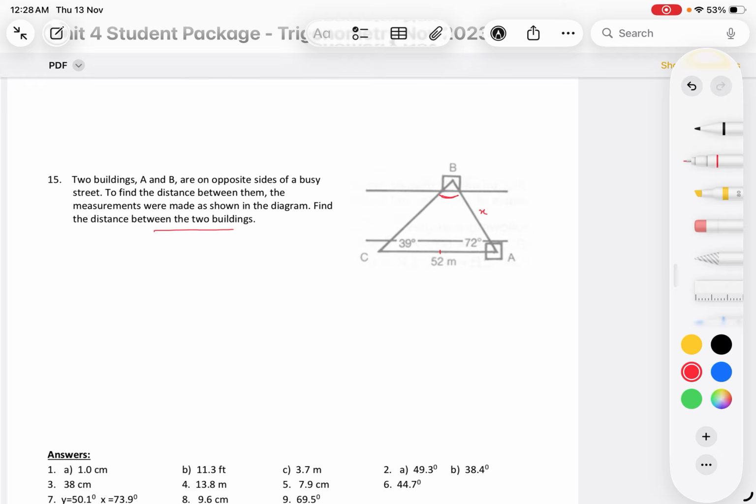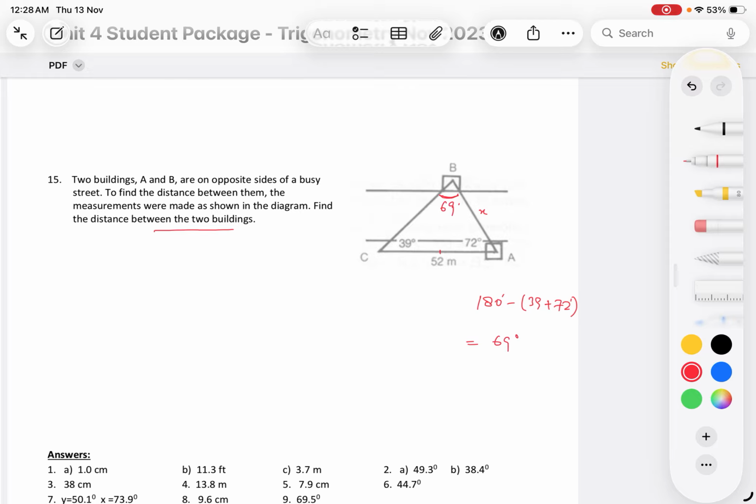So first of all, we can find this angle by using the angle sum property. The sum of the angles of any triangle is 180 degrees, right? So if I subtract 39 and 72 from 180, I get angle B. So angle B is 69 degrees.